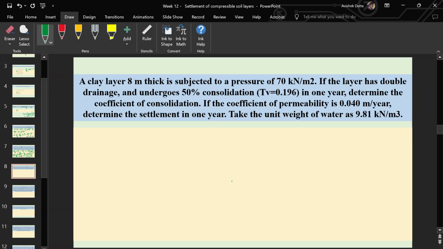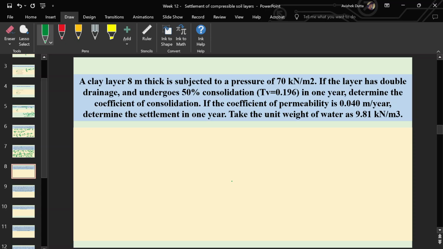First, tell me the value of CV. CV is 3.136 meters square per year. Very good. What is the settlement? 89 centimeters or 0.89 meters.